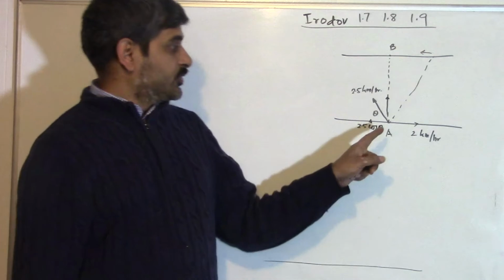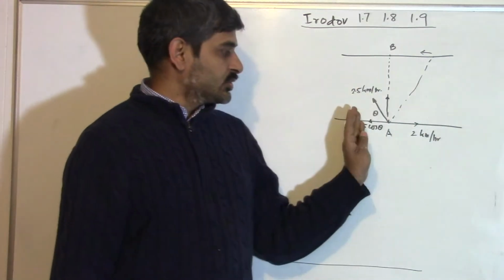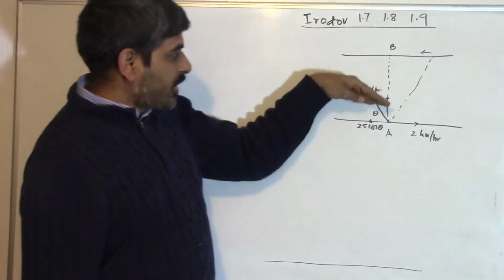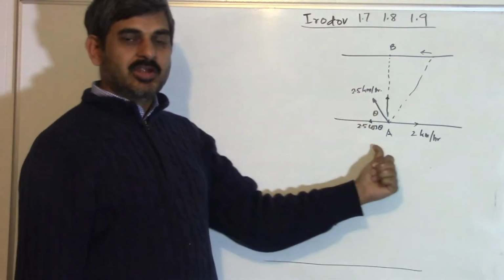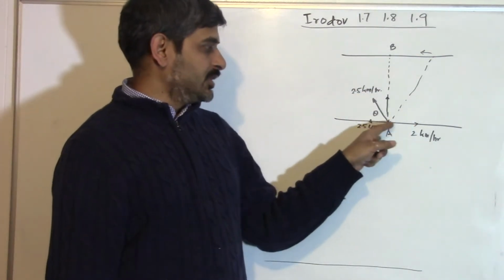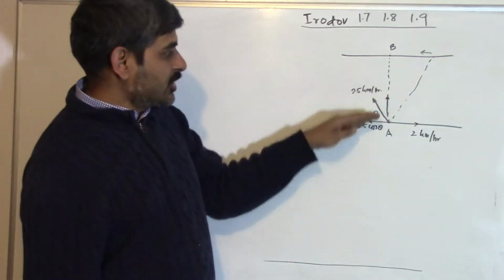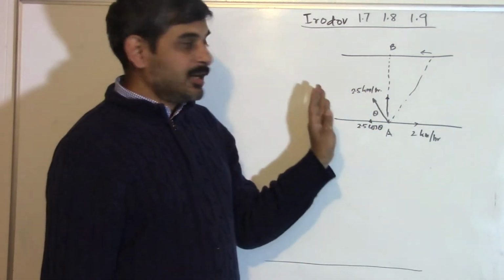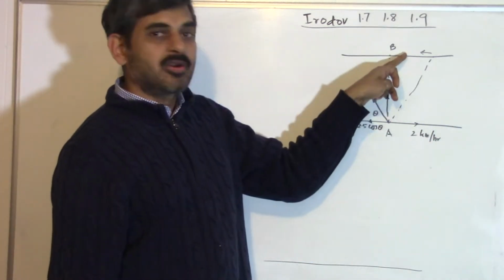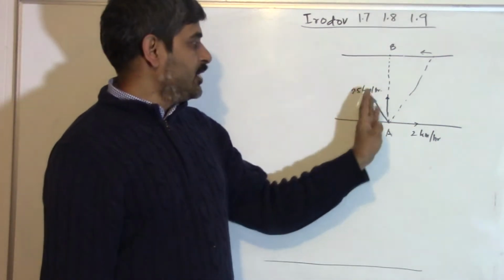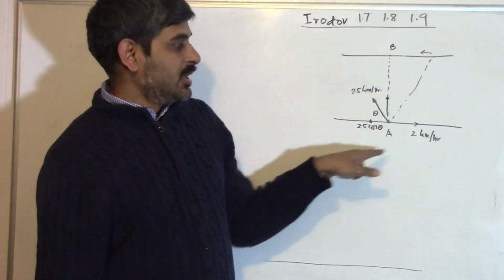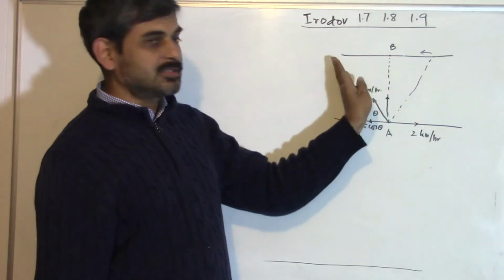The river tries to take him along this direction, while this horizontal component of his velocity is trying to take him in the other direction. If the river velocity is more than the horizontal component, the net horizontal velocity is on this side, and he will be drifted towards this side. If the horizontal component 2.5 cos theta is greater than the river velocity, he will be drifted on the other side.